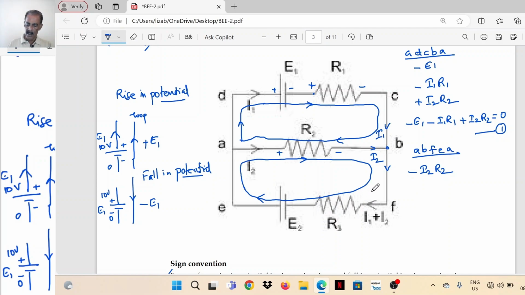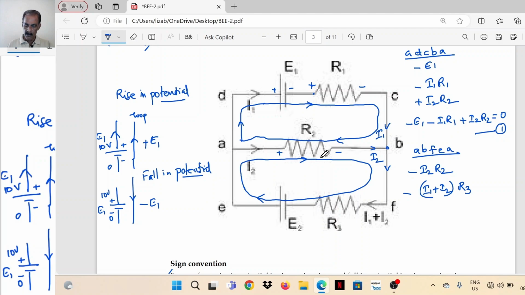So I1 plus I2 is the current passing through resistor R3. So the IR drop is (I1 plus I2) into R3. So what is the sign of it? I1 plus I2 is from F to E. The loop is also from F to E. Both are in the same direction, so a negative sign.